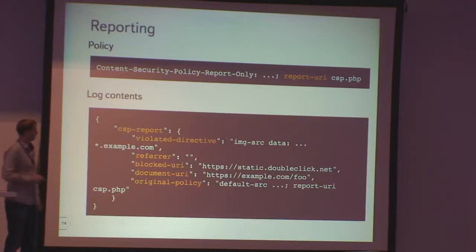So you can specify a special directive called report-uri with some URI, and if you use content security policy in a special mode called report-only, the browser will send to this URI a special request with a JSON payload, and in your logs you will see a lot of useful information about what directive was violated and broke your content security policy, what URI was blocked, and so on.